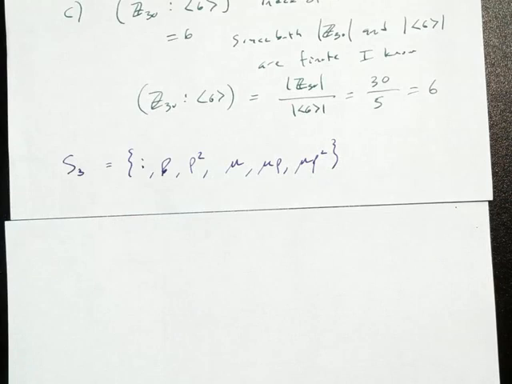Here's the hard part. If I want to do this calculation, I need to remember how to multiply those. Either I need to know what those are in terms of permutations and multiply them as permutations, or I need to remember how to multiply mu's and rho's together. And that was just so much fun, wasn't it?